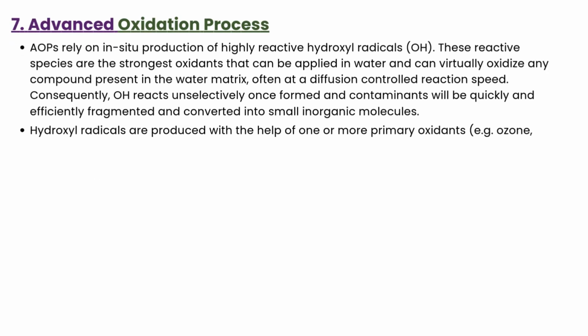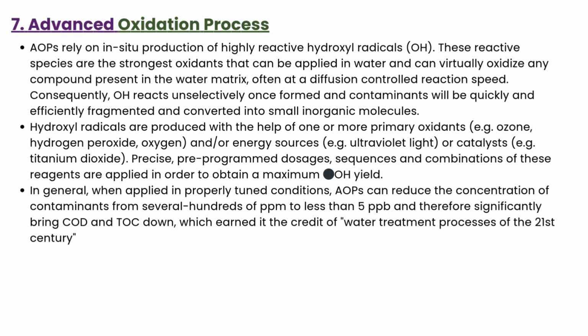In the AOP, the advanced oxidation process, these reactive species are the strongest oxidants that can be applied to water and can virtually oxidize any compound present in the water matrix, often at a diffusion-controlled reaction speed. Okay, hydroxyl radicals are produced with the help of one or more primary oxidants.